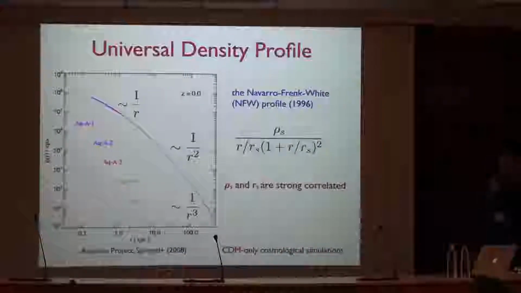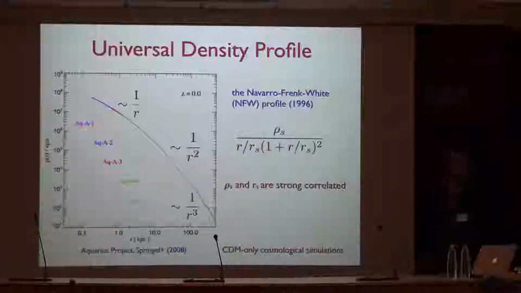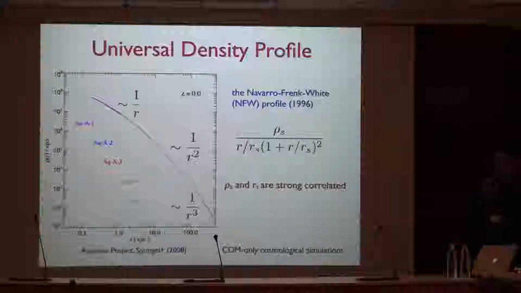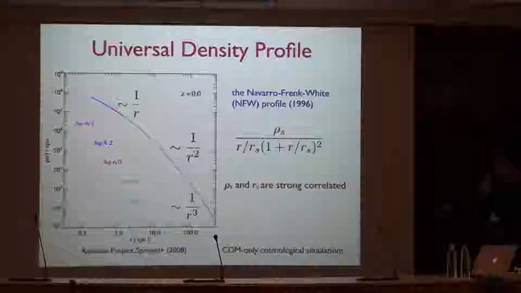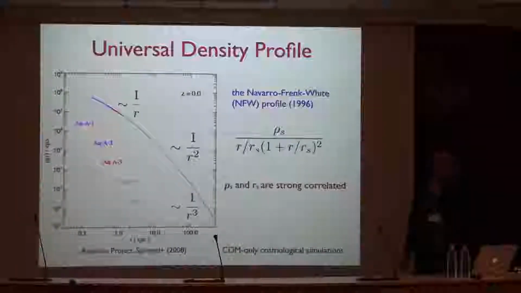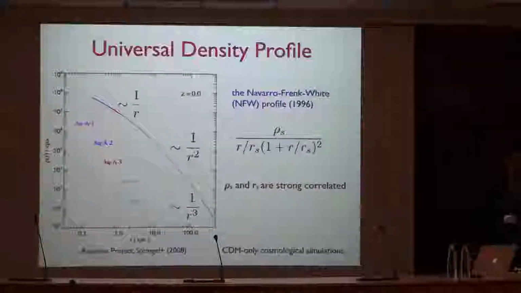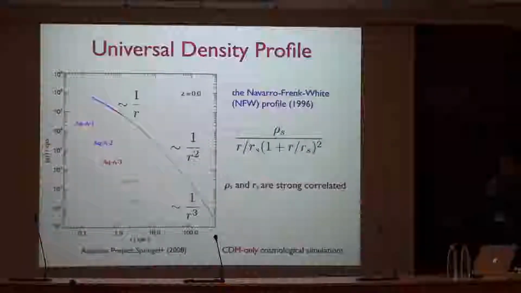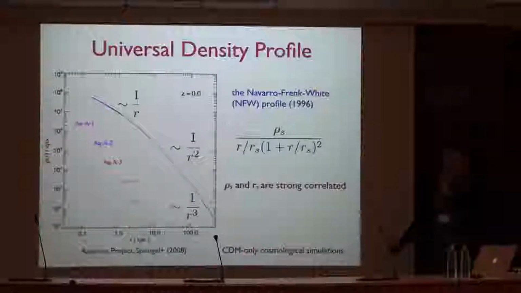It turns out for lambda CDM, the density profile can be parameterized by the so-called NFW profile that has two parameters. This is called the scale density, and this is called the scale radius. From hierarchical structure formation, we know that these two parameters are strongly correlated. Roughly speaking, for a given CDM halo, you can divide the halo into three regions.